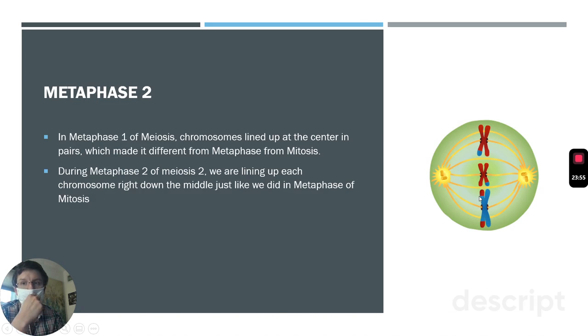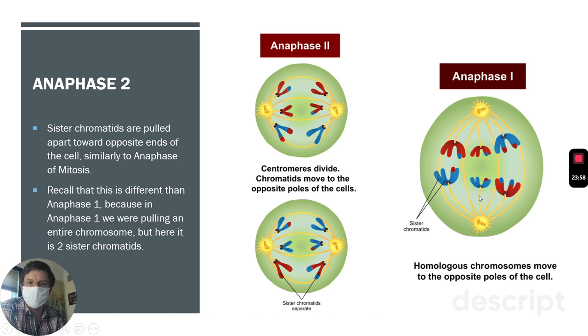Then we get into anaphase 2. Recall that during anaphase 1, we were pulling entire chromosomes apart. During anaphase 2, we split up the chromatids that make up the chromosomes. So it's just like what we were saying during mitosis, but we're in meiosis right now, remember.